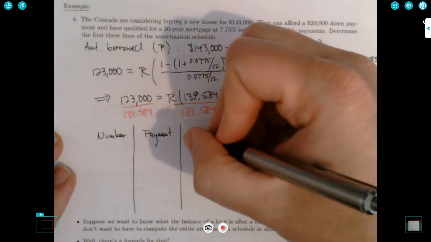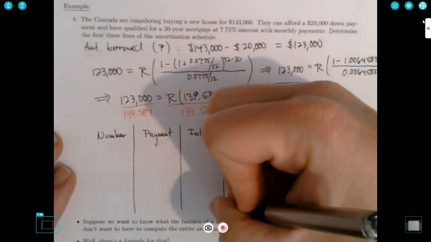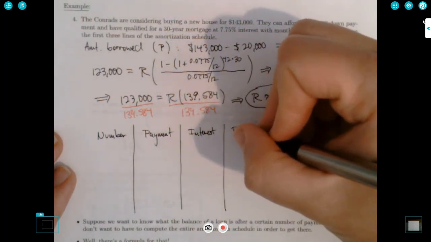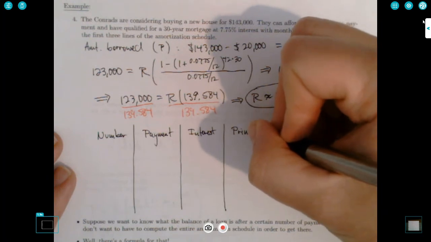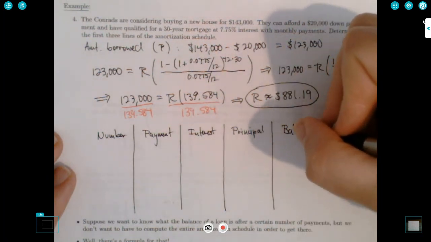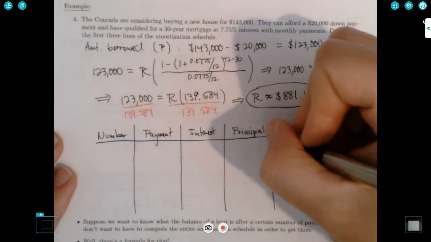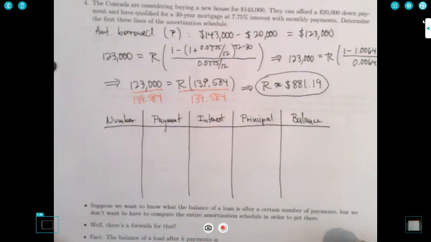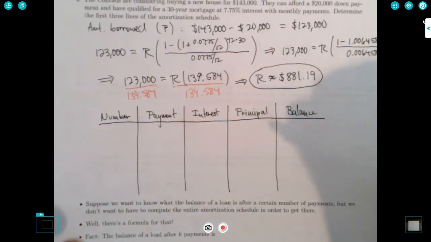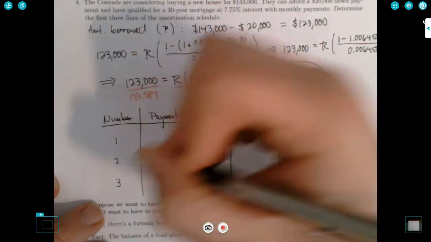The amount of that payment that goes toward the interest. The amount of that payment that is applied to the principal. And then the balance. And we're just supposed to do the first 3 rows of this. So I'm going to say payment number 1, 2, and 3.